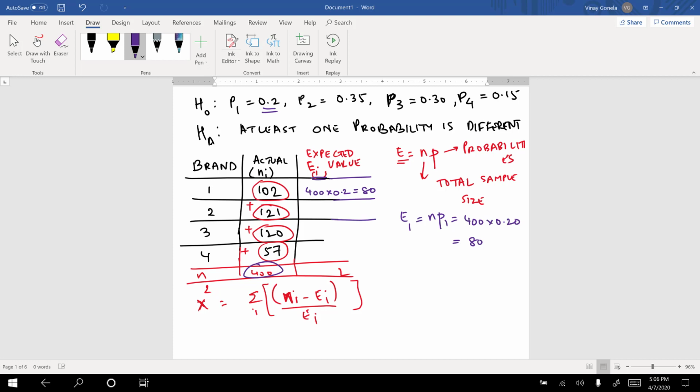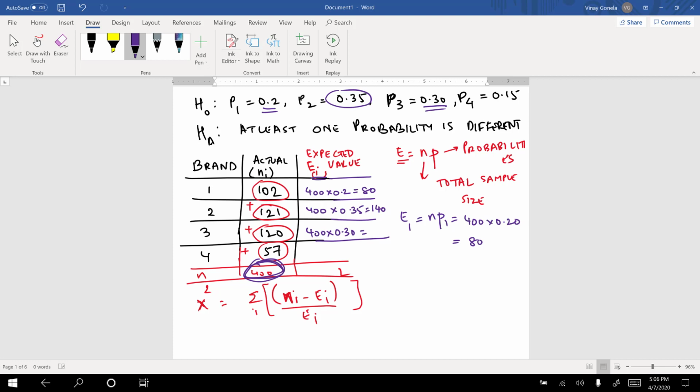The next one, again I take 400 multiplied by the probability of this brand happening, 0.35, so that would be around 140. The next, again I take this 400 and multiply it with the third probability, 0.30.